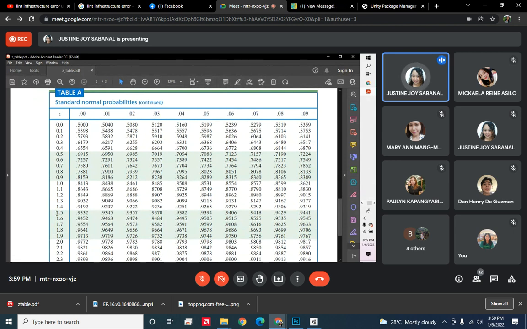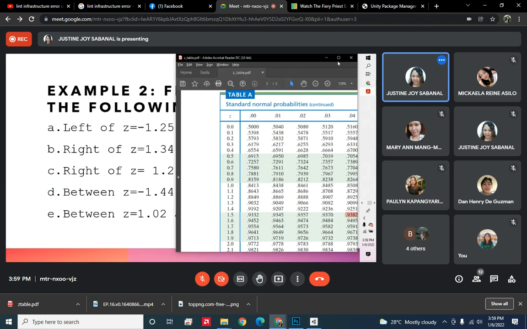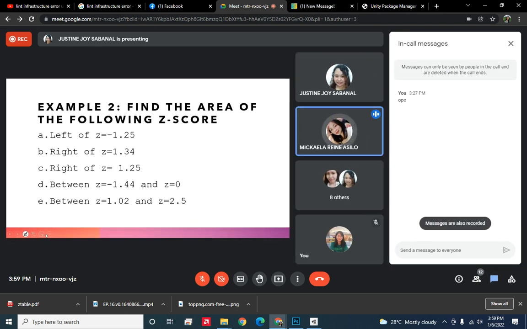Sa tapat ng 1.5, bilang tayo ng 5, I mean 1, 2, 3, 4, 5. So yung value po ng 1.54 is 0.9382. Nasusundan niyo po? Opo.